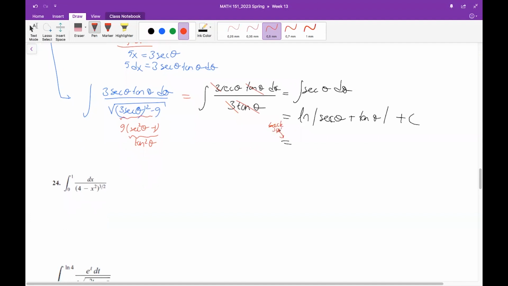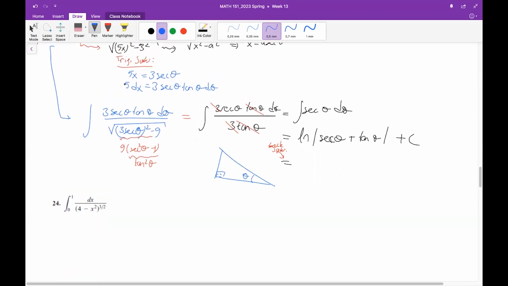So back substitution. To do your back substitution, you need to draw your reference triangle. You will create a right triangle by yourself by using the very first line of your substitution, okay? By using this, you can decorate your triangle. What do you see there? We see, okay, 5x equals 3 secant theta, meaning that secant theta is 5x over 3.